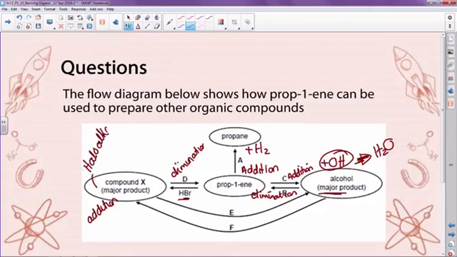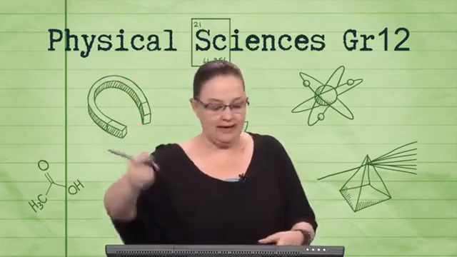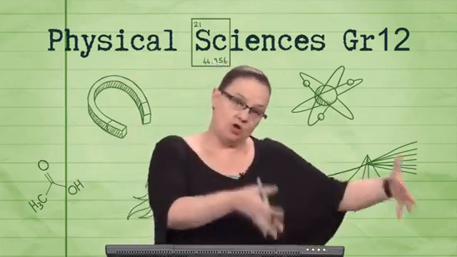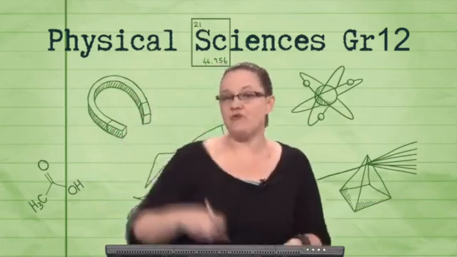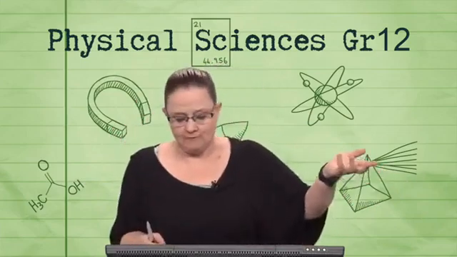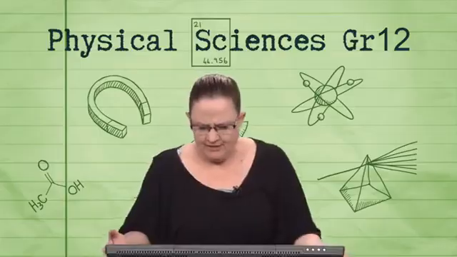Then from here, we're going from a haloalkane to an alcohol, so E has to be substitution. In fact, E and F have to be substitution because from X to the alcohol, I'm taking a bromine off and replacing it with an OH. From the alcohol to compound X, I'm taking the OH off and replacing it with the bromine. So that's fairly straightforward.